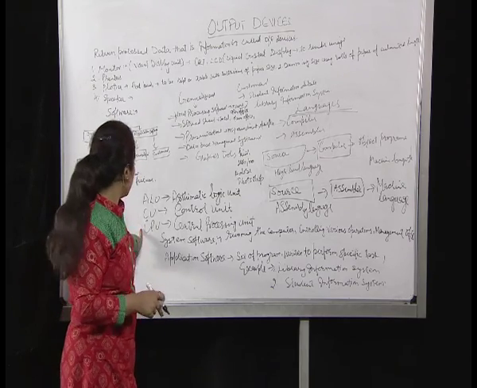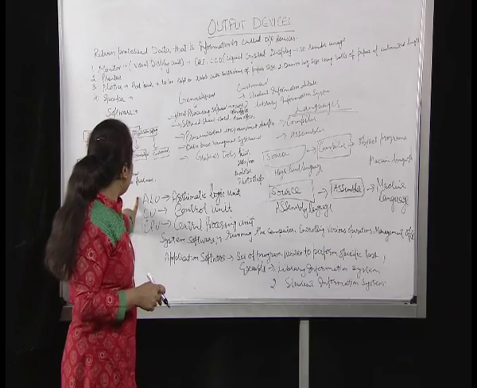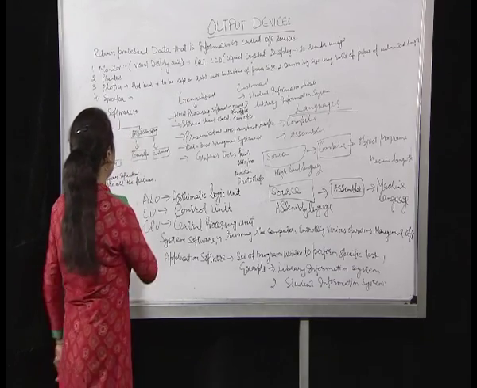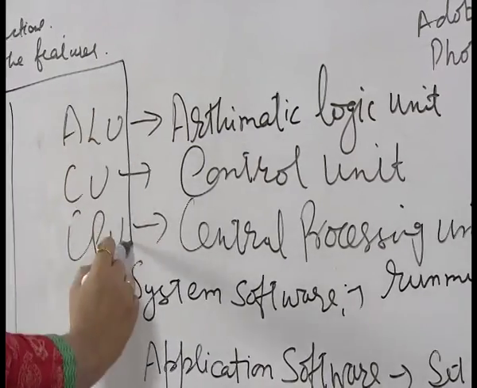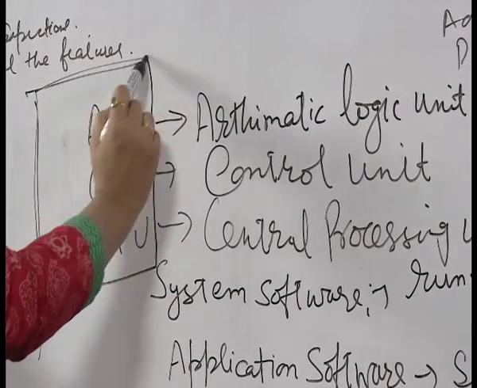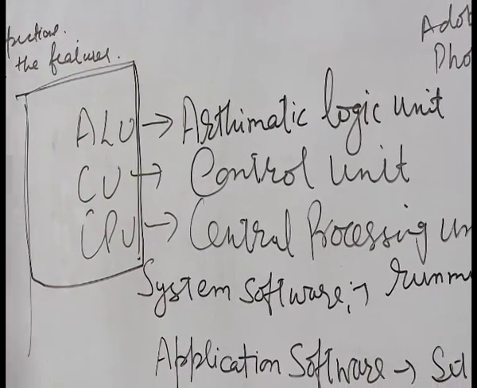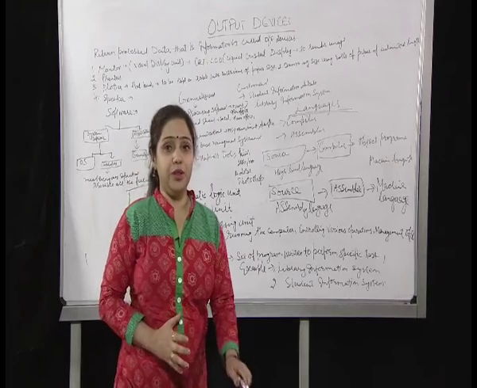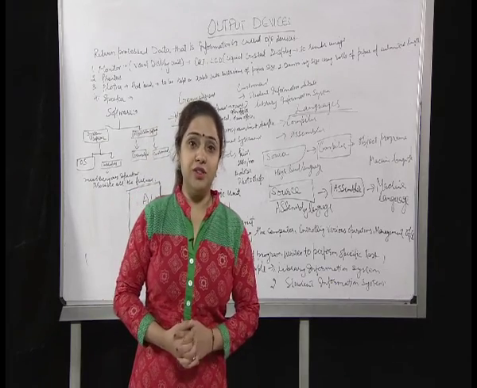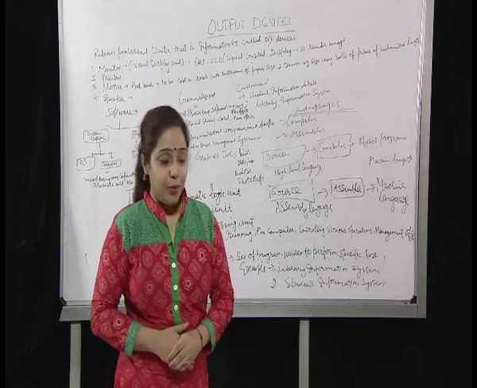That is the main function of the CPU. These are the three basic important units of the computer which you should know, and they are the most popular definitions used in computing.